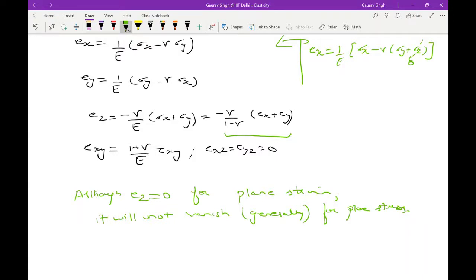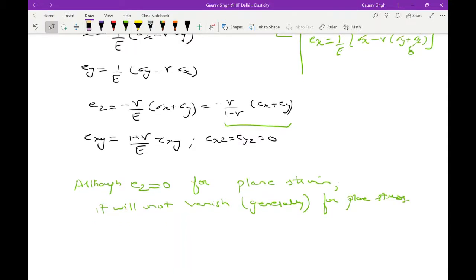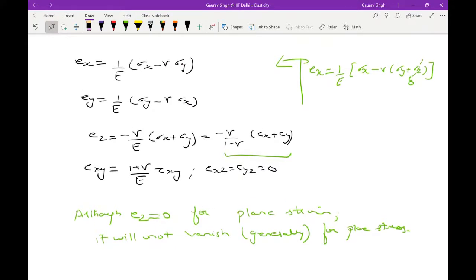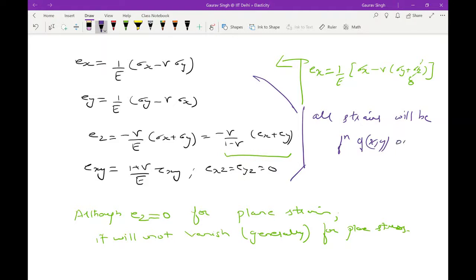For plane stress very likely it will not be 0 in the most general case. So obviously all the strains over here will be functions of x, y only, not z, just because sigma x, sigma y and tau xy are not functions of z, so it is impossible for you to have strains which are functions of z.